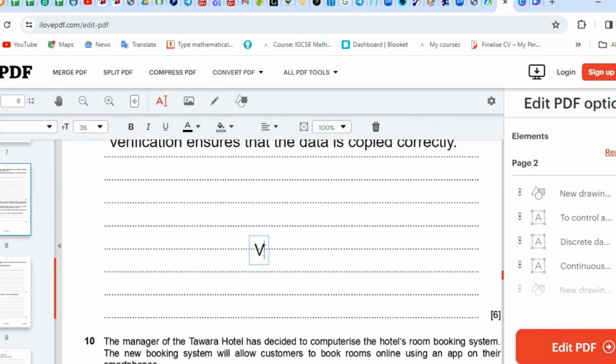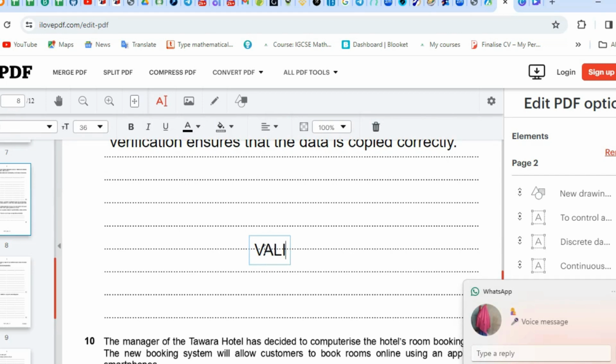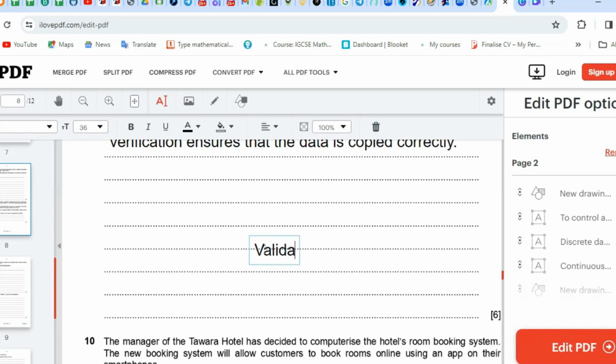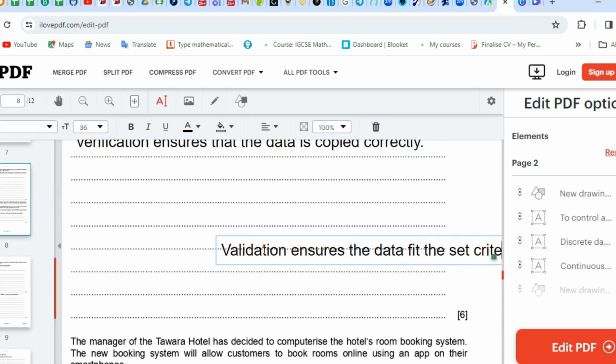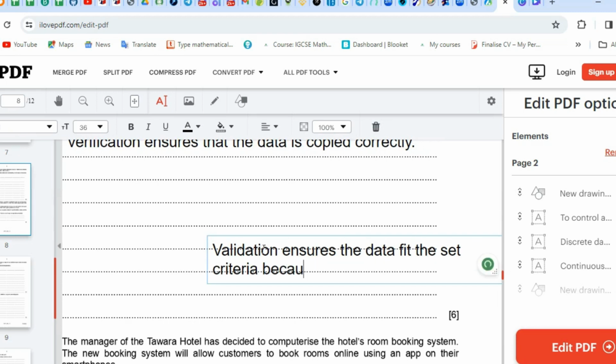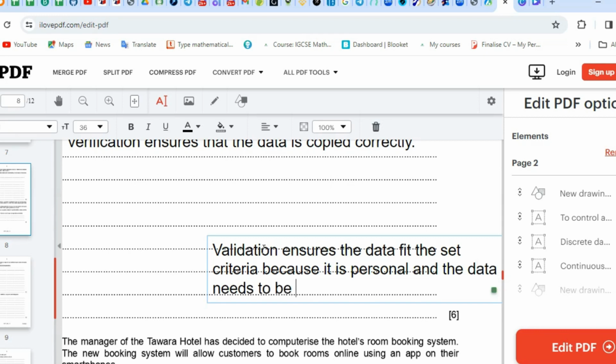So, validation ensures the data fits the set criteria because it is personal and the data needs to be correct.